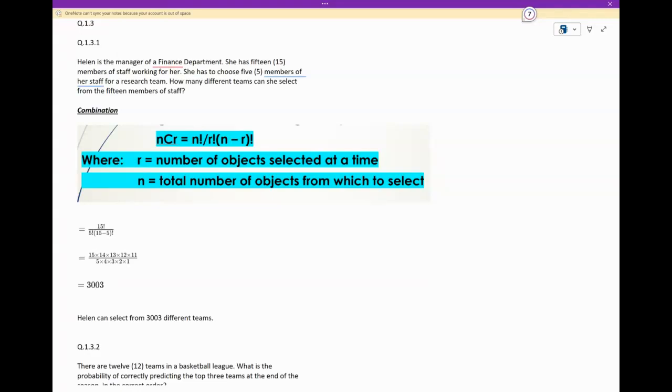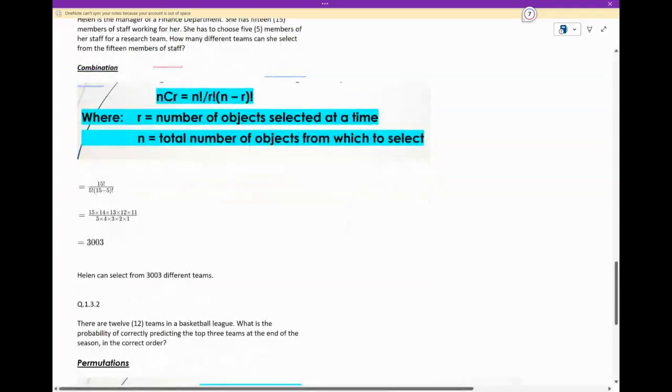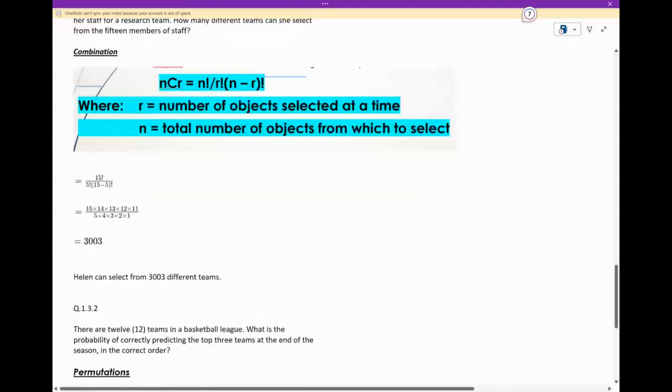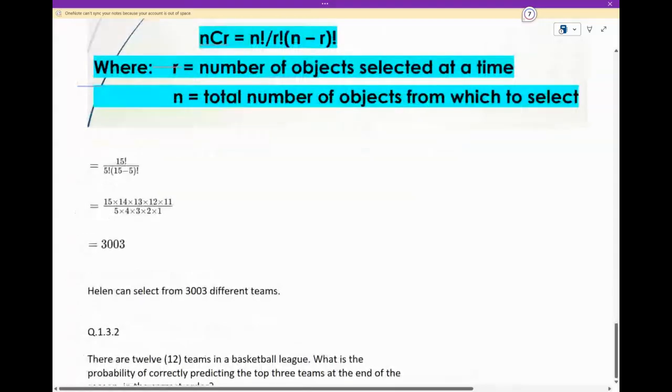You're literally just plugging in 15 factorial divided by 5 factorial times (15 minus 5) factorial. And then you obviously get a total of 3,003 different combinations of 5 research members.